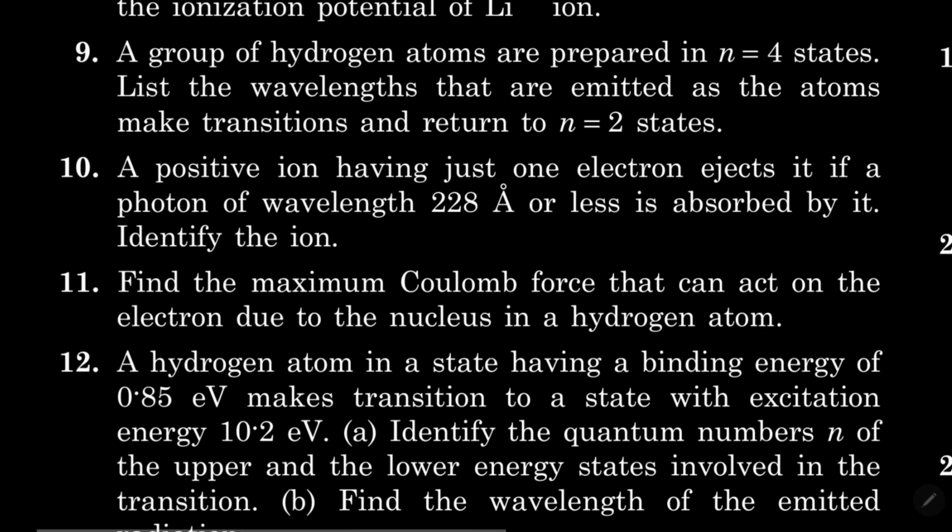In question 10, we have a positive ion having just one electron. It ejects it if a photon of wavelength 228 angstrom or less is absorbed by it. So we need to identify this ion. So this is the 10th one. First of all, the wavelength is 228 angstrom. We know that energy is hc over lambda.